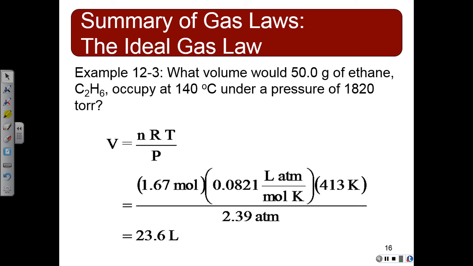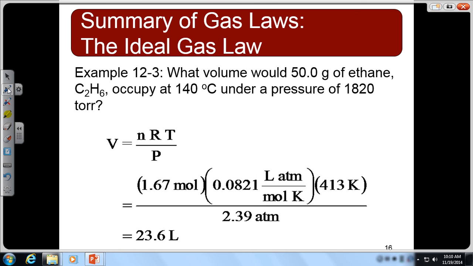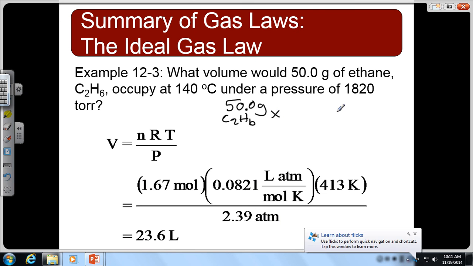The first thing that's listed is our 50 grams. We are going to have to convert that. So we take 50 grams of C2H6. What would that be? 12 times 2 is 24, plus 6, so 30.08.